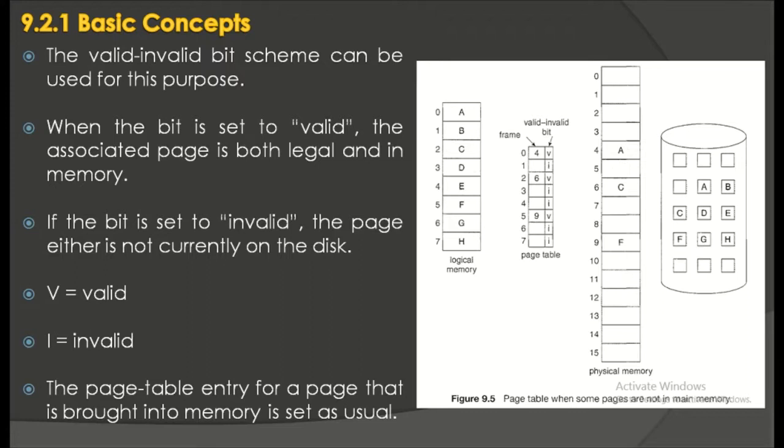Notice in the figure, marking the page table invalid bit will have no effect if the process never attempts to access the page. Hence, the valid bit is set only for those pages that are actually in memory.